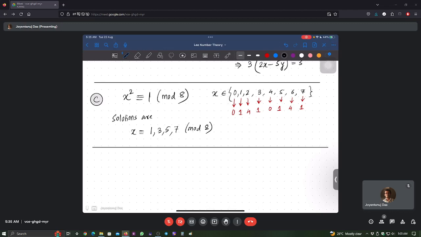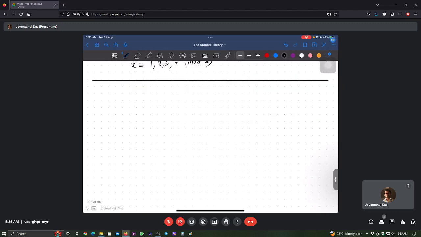Okay. Right. So next part D is x square is 2 modulo 7. So same idea. You have to choose x from 0, 1, 2, 3, up to 6, and you have to check which one is working. So 0 will be 0. 1, 1.